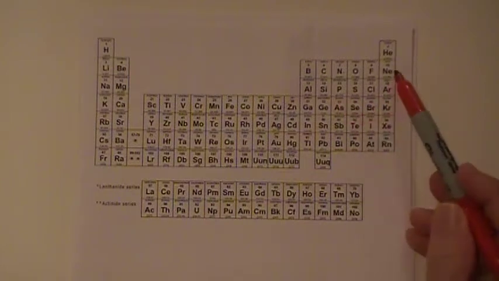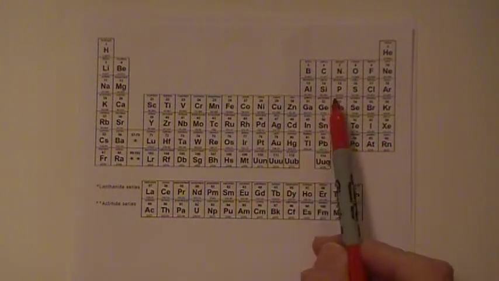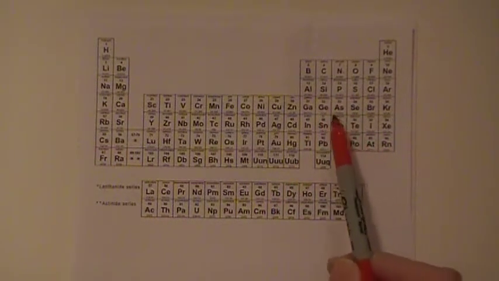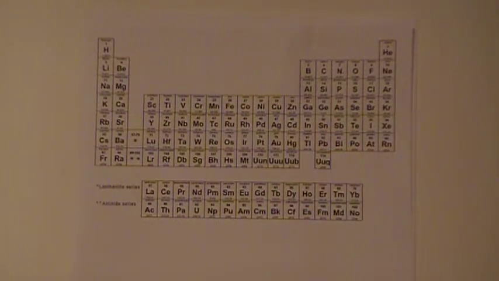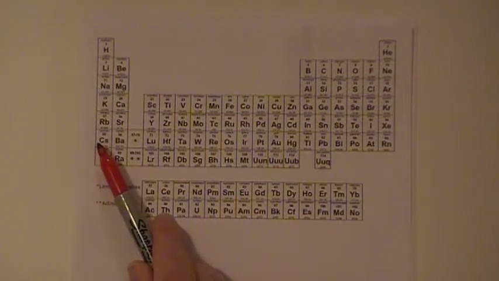The elements to the right of that are nonmetals. And the elements along the zigzagged line, like silicon and germanium, are called metalloids or semiconductors. So nonmetals on this side, metals on this side.